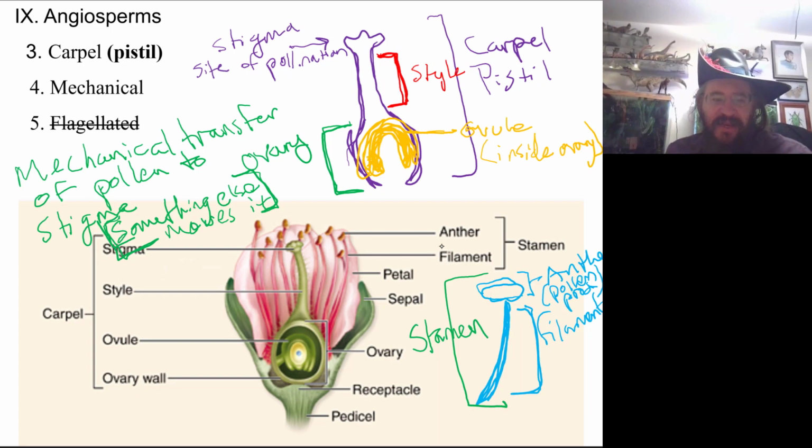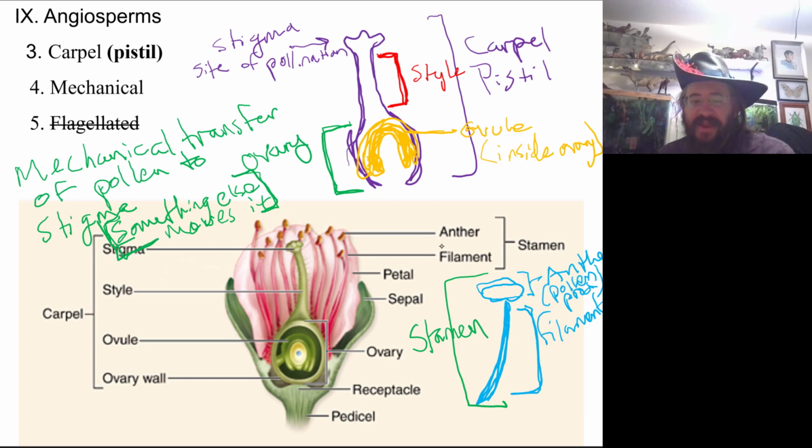pollen is mechanically transferred. Things that help prevent self-fertilization here, oftentimes the ovule is not fertile when the pollen is being actively produced. So if you brush your own pollen against your own stigma, it won't be able to fertilize it.